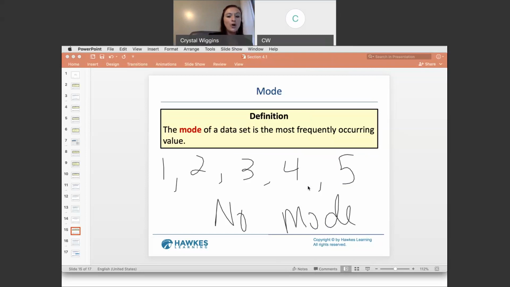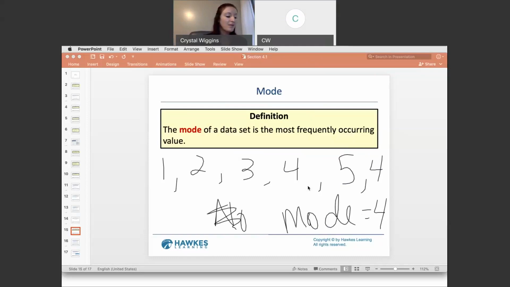If there is no repeating values in the set, then there's no mode. Now, if there was another 4 in this set, then we would say that the mode is 4, because 4 has the highest frequency. It's the most repeated data value.